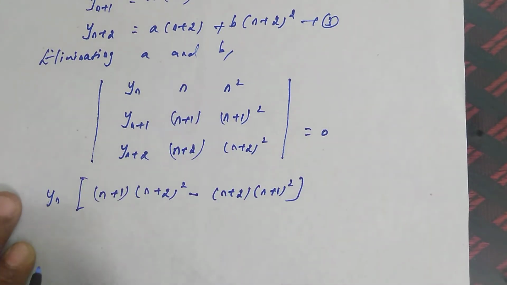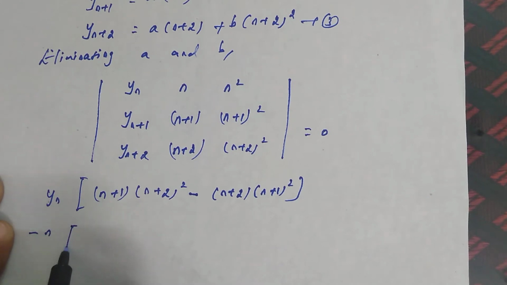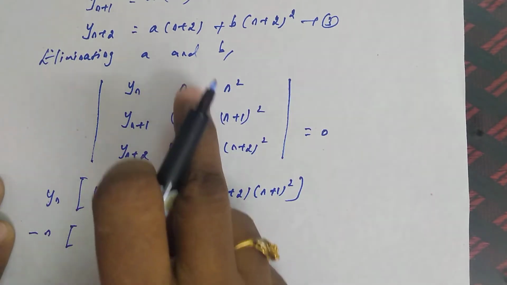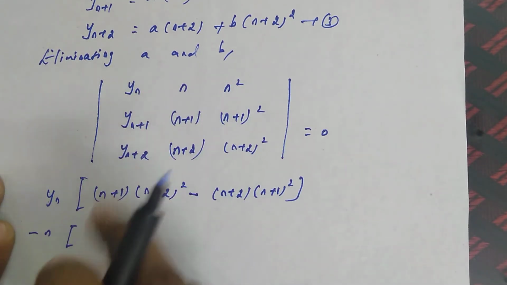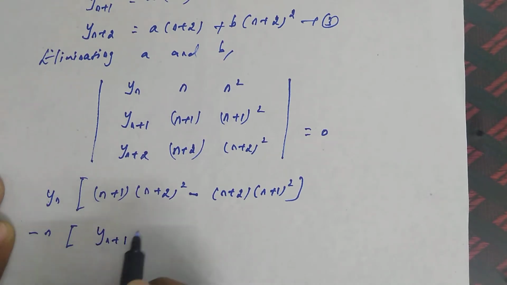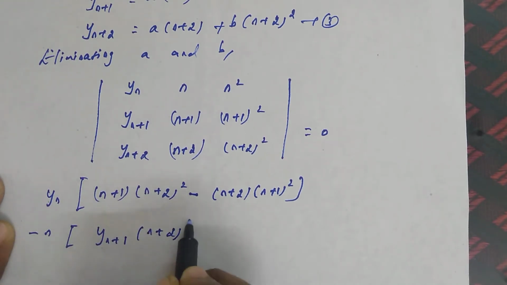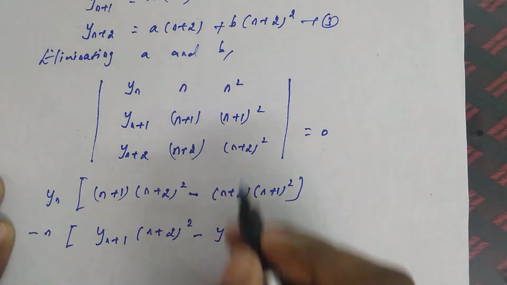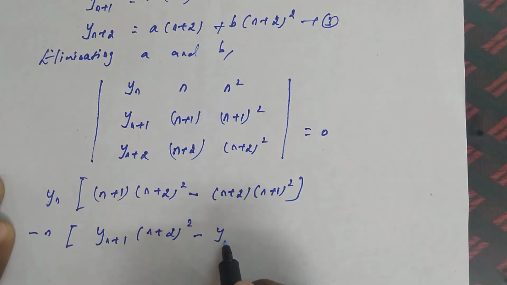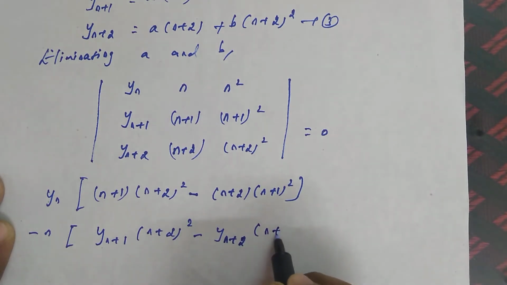Then the next one is minus n. Corresponding row and column we can leave and multiply like this. So y(n plus 1) into n plus 2 the whole square minus, sign change in the upward direction, y(n plus 2) into n plus 1 the whole square. This is the second one.